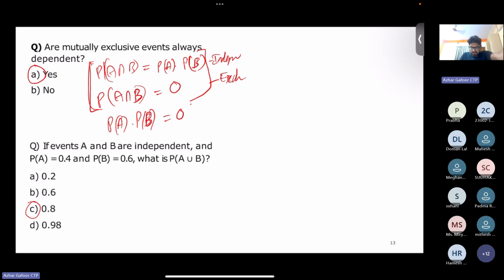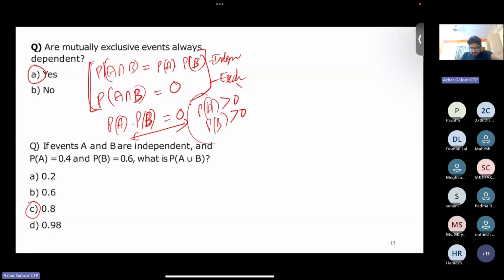Okay, so I will complete this explanation also. For an exclusive event to be independent, this has to be satisfied. But like in our example, let A be the probability of getting an odd number, and B the probability of getting an even number. Both probability of A and probability of B are greater than 0.